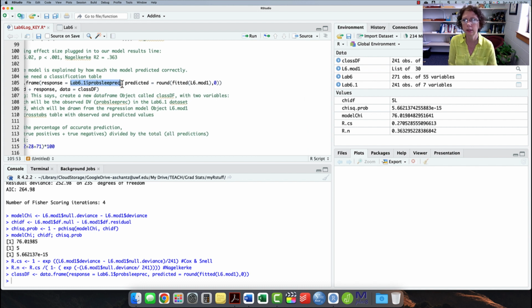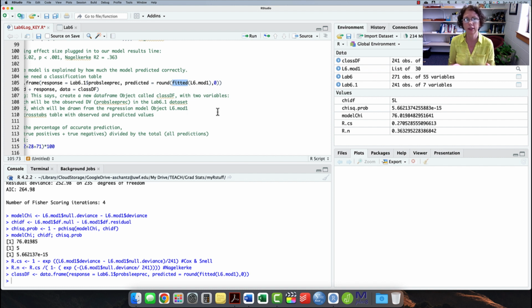And then comma, it's also going to have a variable called predicted. And I'm rounding just so that it's not so long, because logistic estimates have a lot of decimal places. So that's why I'm rounding it down to just a number. But the fitted values, if you remember when we were working with model level assumptions, those are the predicted values.